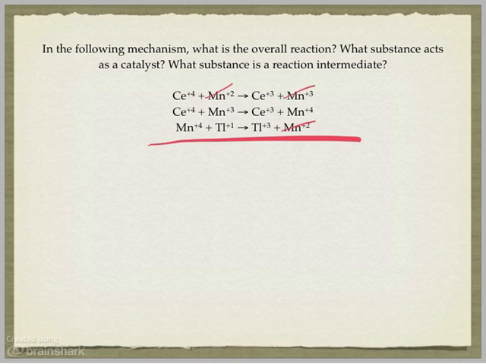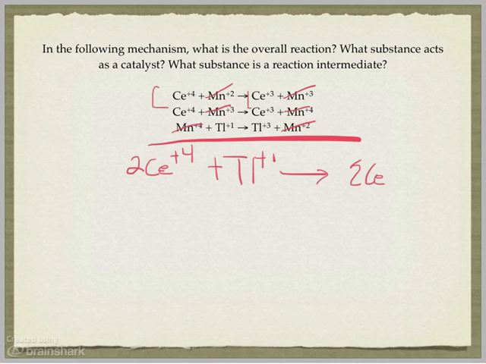Mn+3 happens there, opposite sides, cross out, and then same thing with our Mn+4. Ce+4 happens twice on the same side, Ce+3 happens twice on the same side, so those you can add together, so that you end up with 2Ce+4 plus Tl+1 yields 2Ce+3 plus Tl+3. And that's your overall equation.